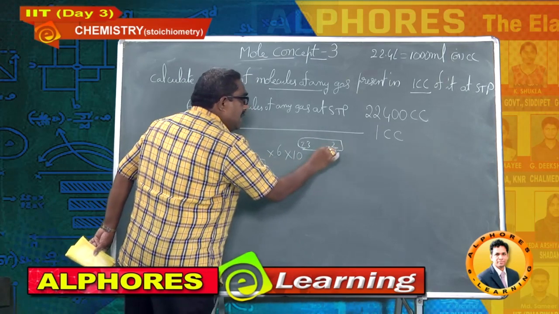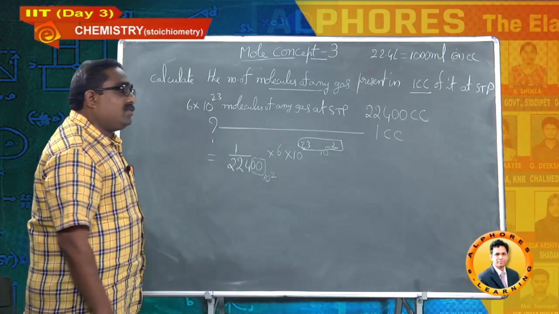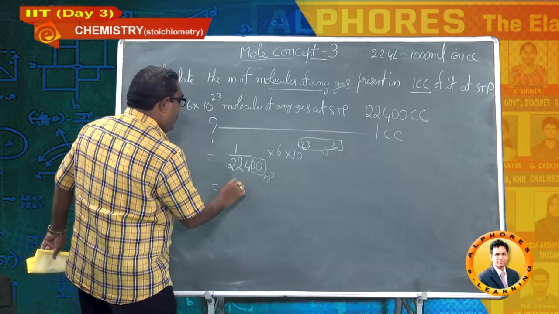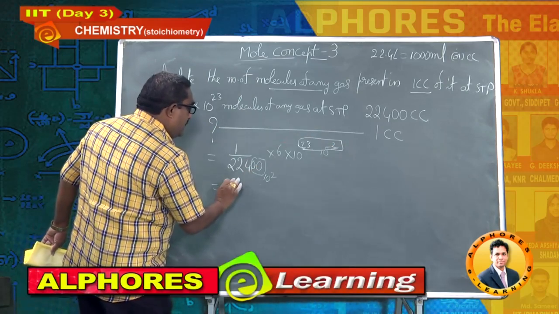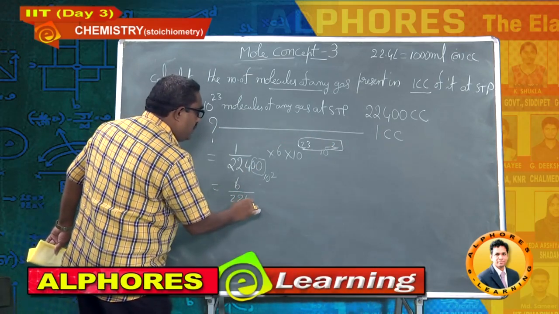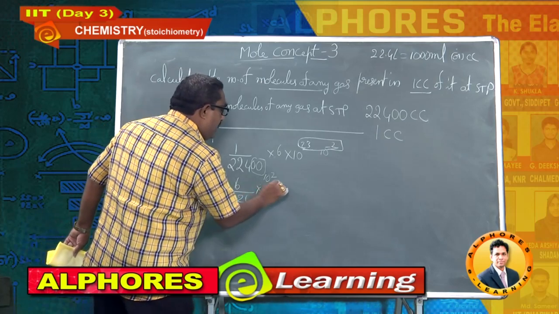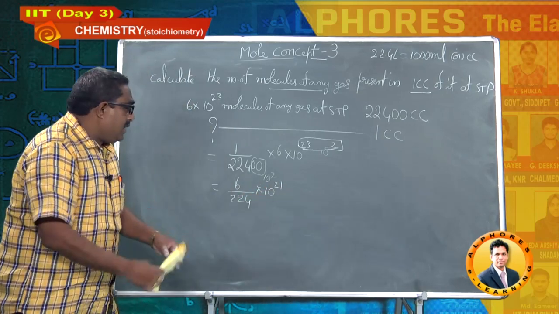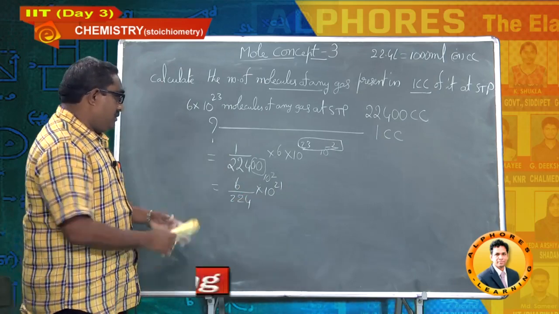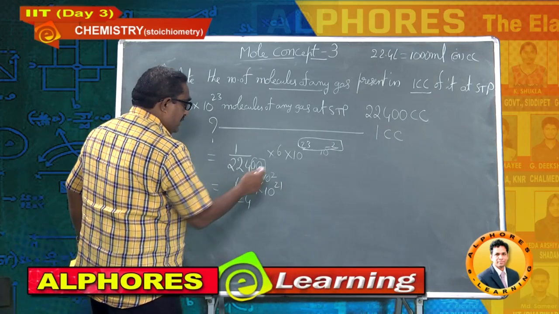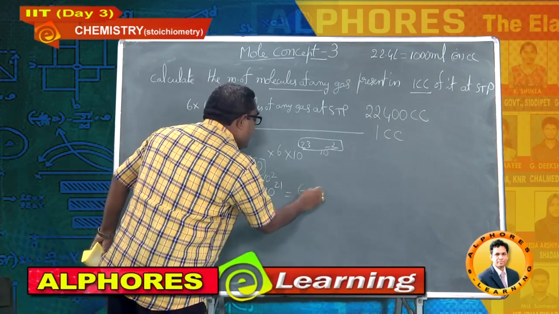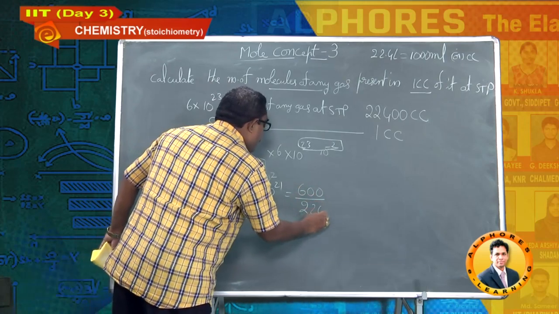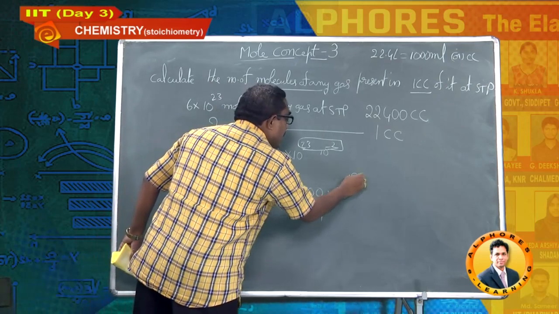So 23 minus 2 comes around 21. So 6 I am writing here: 6 by 224 into 10 power 21. Take 2 tens out, 100. Take 100 out of this. So I can write it as 600 by 224 into 10 power 19.